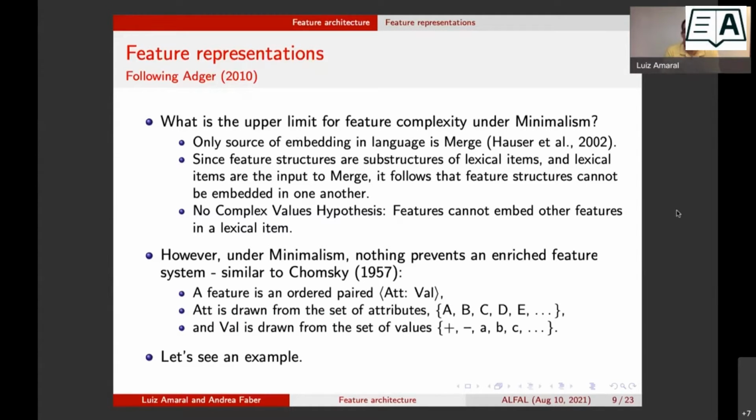So we're not limited to Boolean values. And we're going to see why that very simple contribution to feature architecture creates a whole new possibility for us in terms of speculating, based on our data, about what's happening in feature reassembly in second language acquisition.